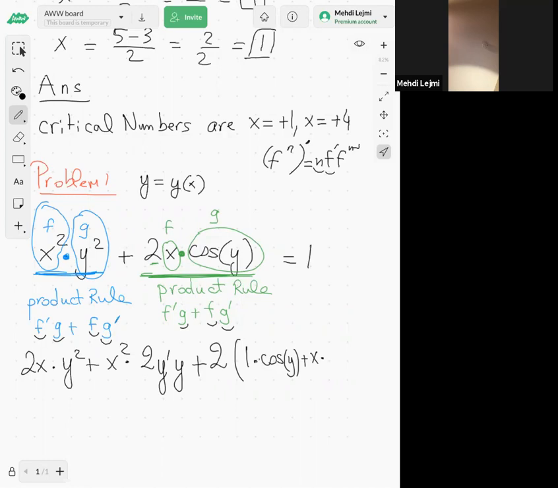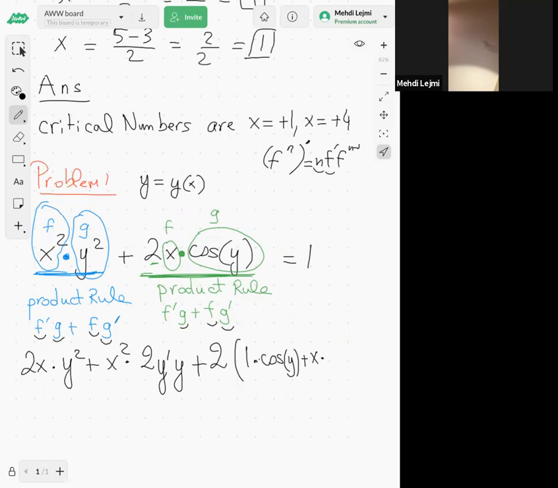So now the question, guys, what's the derivative of cosine of y? If it was cosine of x, the derivative of cosine of x would be just minus sine of x, right? But this is not cosine of a variable x. This is cosine of the function y.